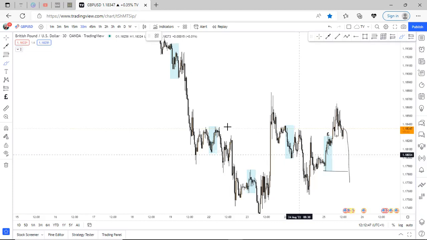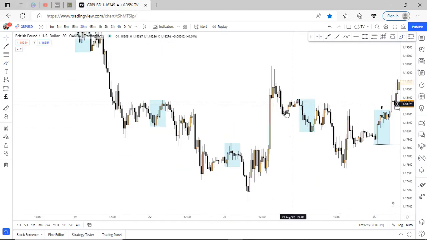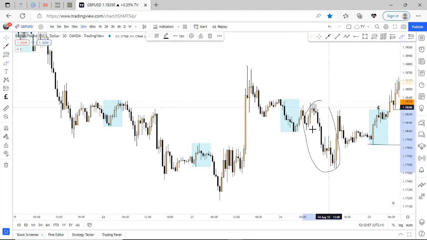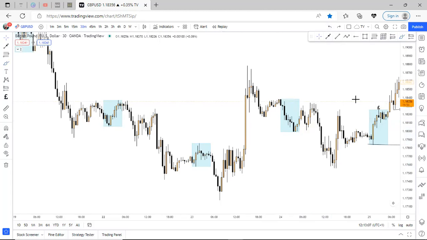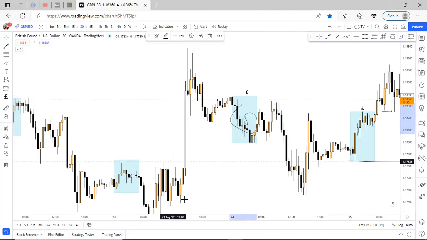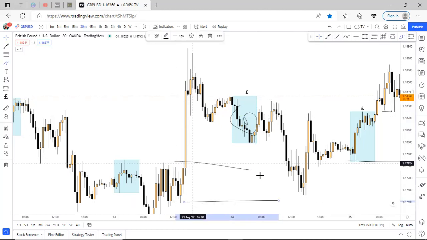So on this particular day right here, I explained in one of my videos that I missed out on this sell trade, but later on I was able to scalp a little sell right there. I couldn't use my normal lot size, because on this particular day, after this Asian session had printed, I realized we have a demand zone here with an imbalance that needs to be mitigated.